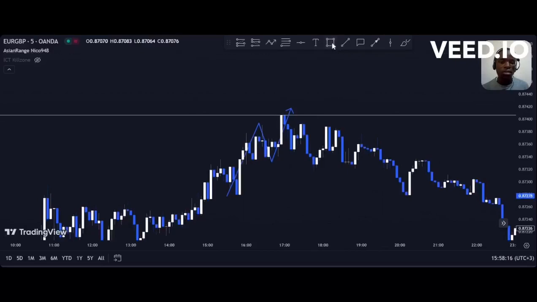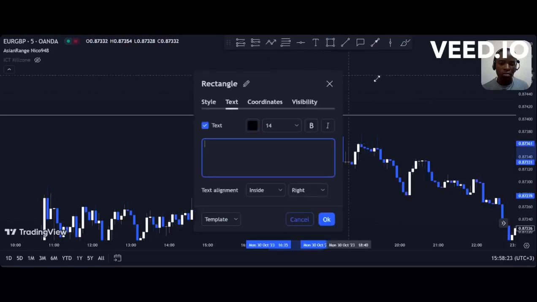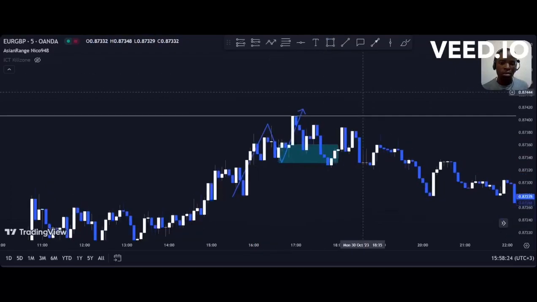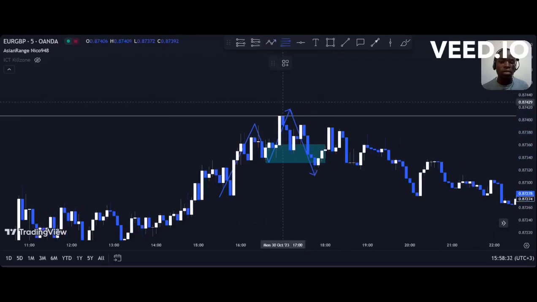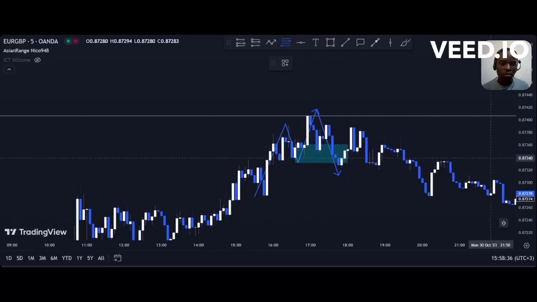So we want to see that demand fail, which means we want to see a good change of character. The demand fails, then our next step, we said we mark the 50% retracement.